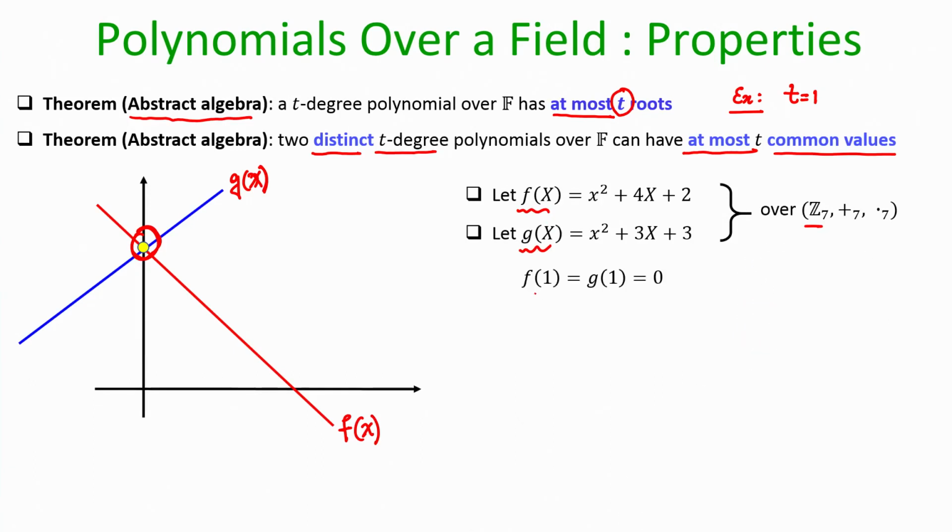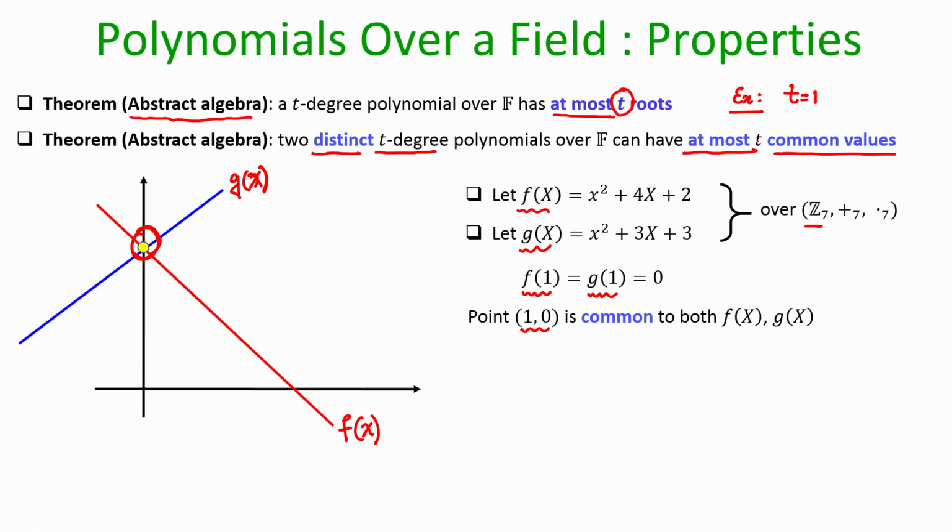Now, it is easy to see that if I evaluate the f polynomial at x equal to 1, and if I evaluate the g polynomial at x equal to 1, I get the value 0. Hence, I can say that the point 1 comma 0 is common to both the polynomial f of x as well as g of x. Okay. In general, if you have two different t degree polynomials, they can have at most t common values.